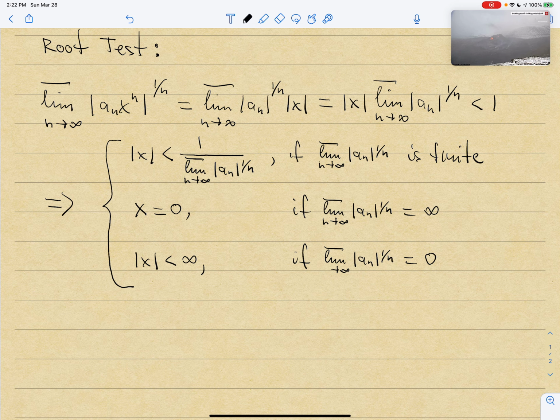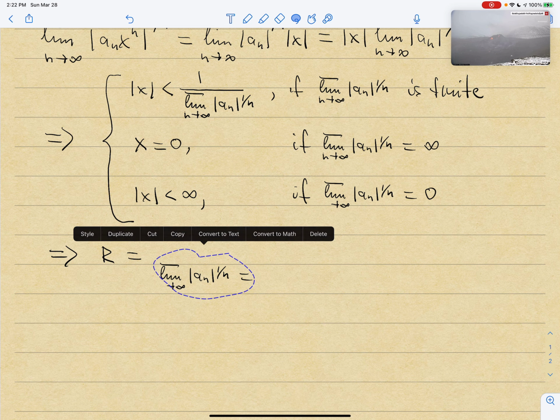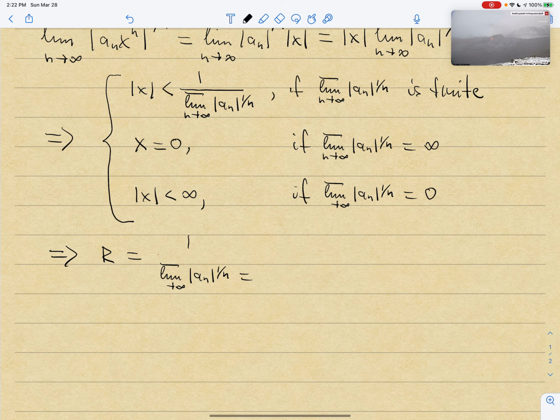So then we can say, let me just write this down, R equal to 1 over this quantity is going to be exactly the radius of convergence.